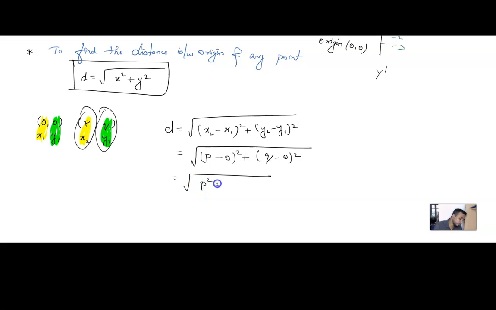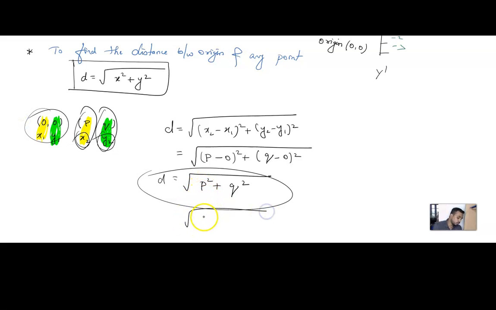So the square stays as it is. q minus 0 is q itself, and you put the square as it is. So what is the formula we got? D is equal to root of p square plus q square. So what is p here? x2. q is y2. Here we have only one value, right? Because 0, 0 means nothing. So directly I am going to write root of x square plus y square.